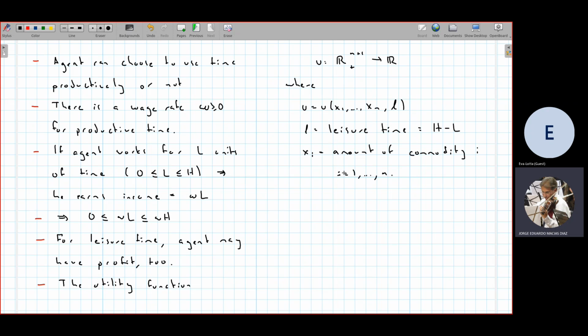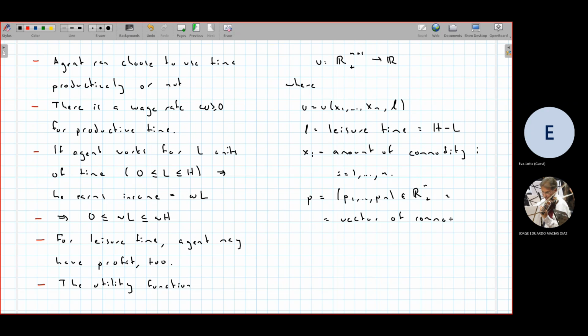And we are going to suppose that these commodities also have some price. That's going to be represented by this vector P, which is P1, and so on, Pn, in R plus n, so this is the vector of commodity prices.